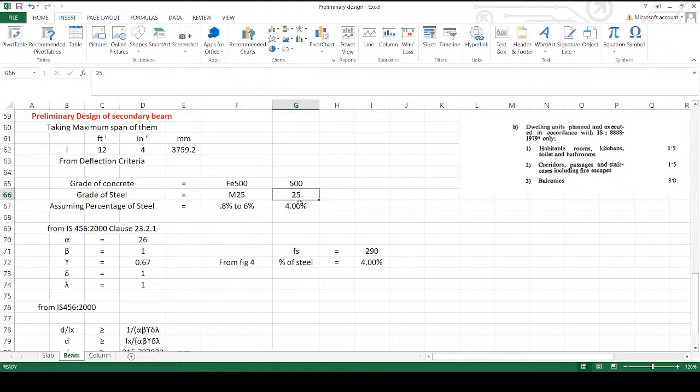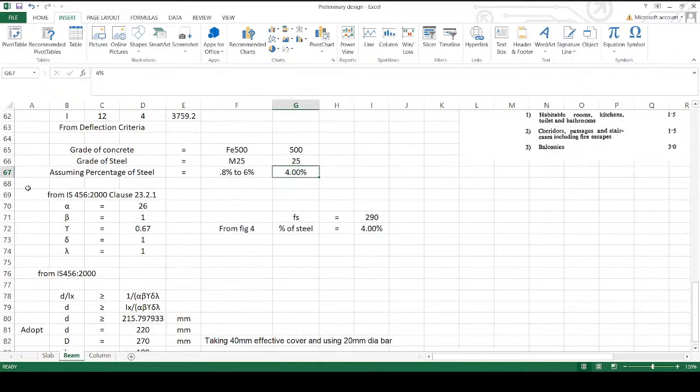In the market most of the country uses 500, so we have written 500, and the percentage is 0.8 to 6%, that is 4%, and for Fe 415 continuous beam, the span is less than 10 m, and gamma is equal to 0.6, that is 4%, and it is always greater than 0.67.